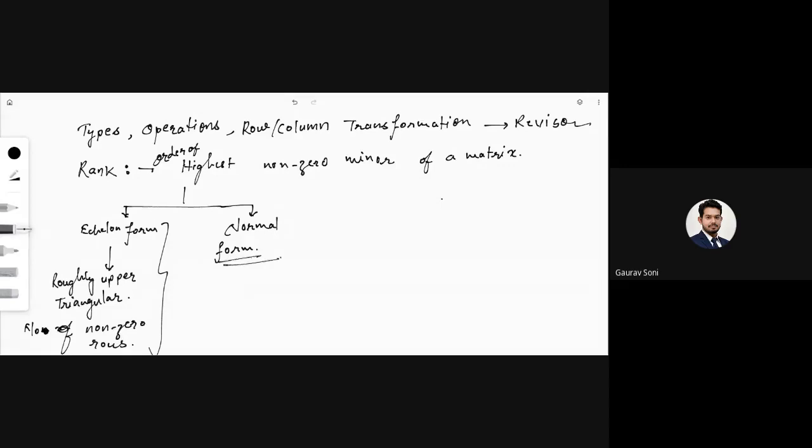We have seen in the previous lecture that in normal form we can use both row and column transformations simultaneously, and you will make a roughly identity matrix.